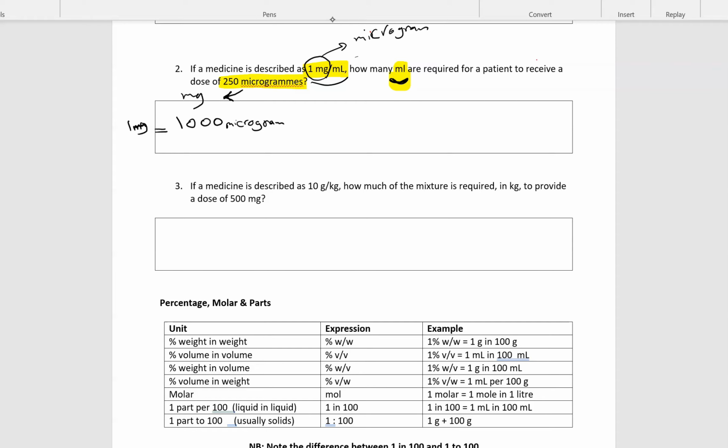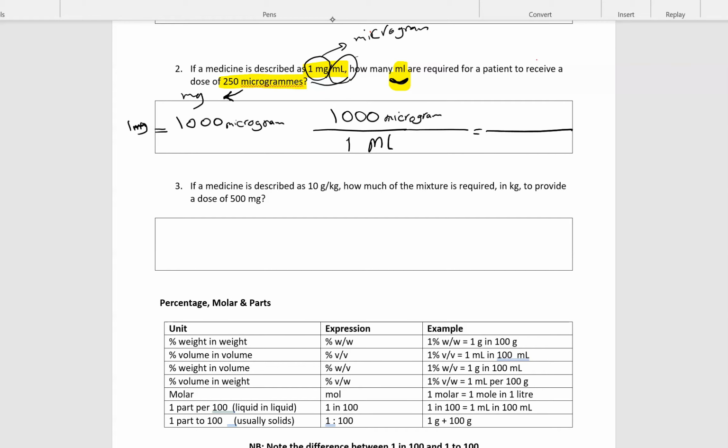So the concentration is 1000 micrograms in 1 milliliter. Now you have 250 micrograms here, and in the denominator you have 1 milliliter.